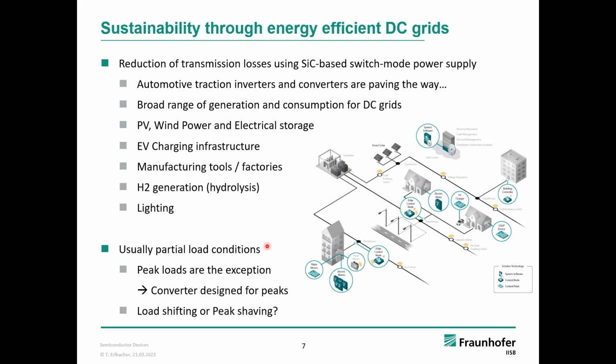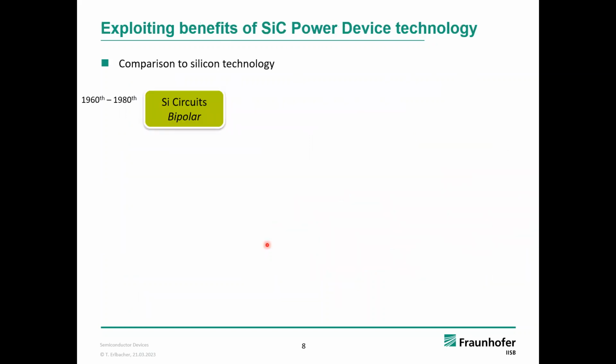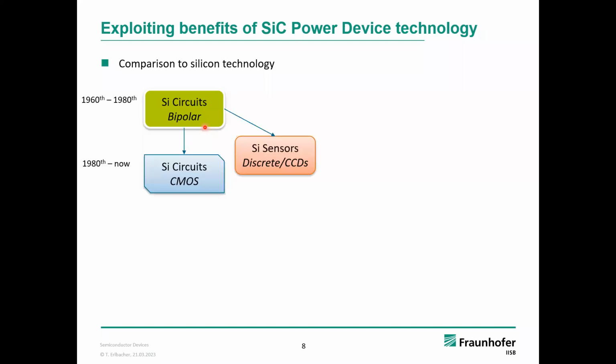And just to give you a quick impression of some developments in silicon and silicon carbide, because there's an interesting parallel or anti-parallel in that case maybe. Most of the silicon technology circled around bipolar during its invention and development. Even TTL logic, things like this, silicon sensors that actually spun out of that. And then starting in the 1980s, the CMOS technology started to grow, which is still the backbone of today's information and communication technology.